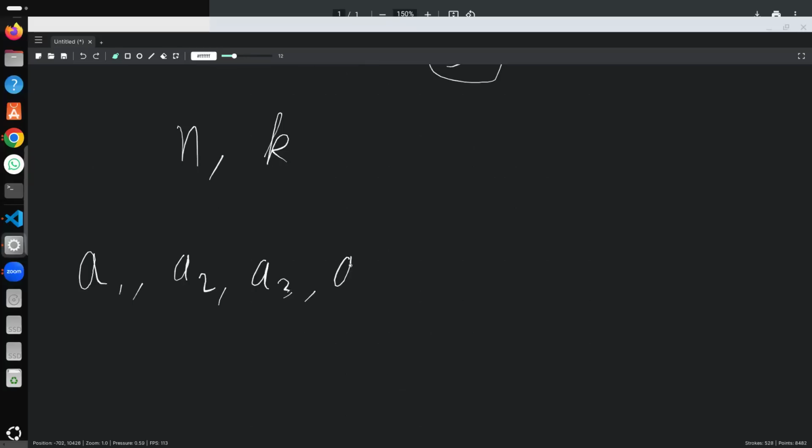Okay. Let's say we have some n, we have some k, and an array a1, a2, a3, a4, a5, a6, and let's say a7. For now, let's assume that k is equal to 6. So if k equals 6, then what does that mean?